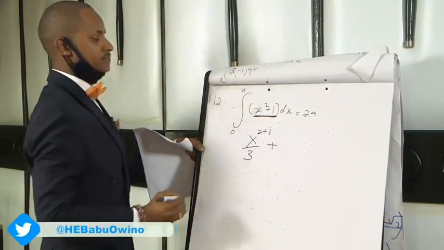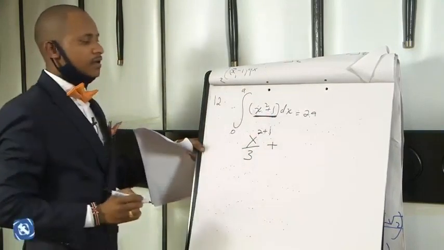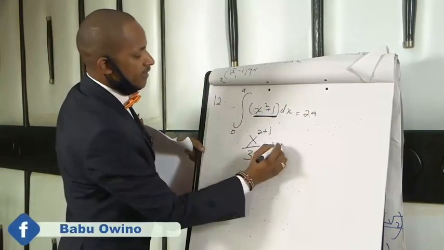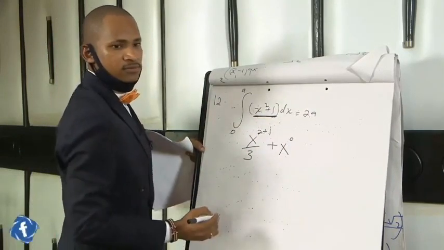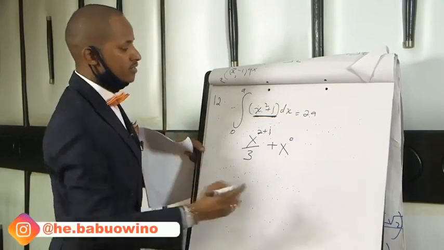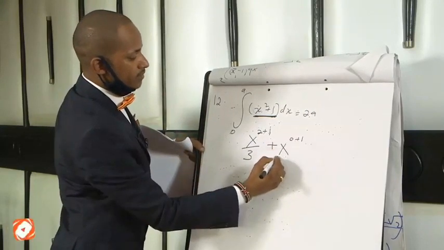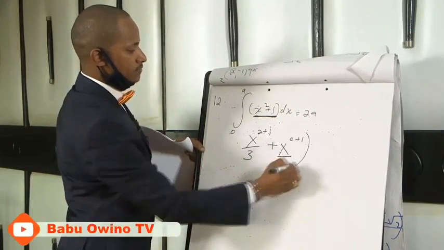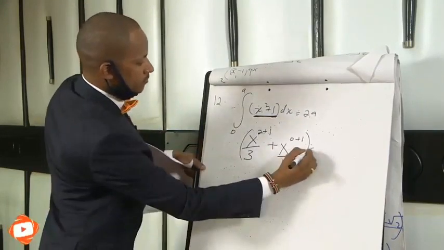plus, here we have x raised to power 0. I told you any number raised to power 0 is 1. Any letter raised to power 0 is 1. So x raised to power 0 plus 1, divided by 1. What do we get here?